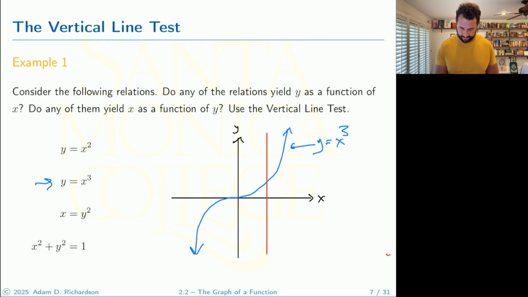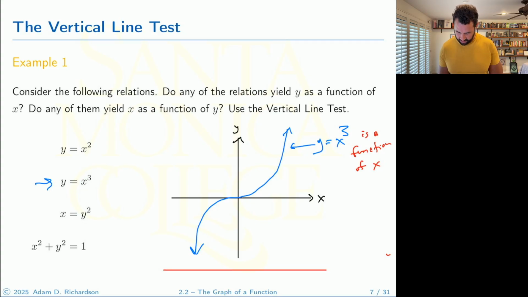All right, so maybe I'll write that right here. So this equation is describing y as a function of x. Let's do a horizontal line. Here we go. And let's move this around. Okay, only intersecting once, only once.